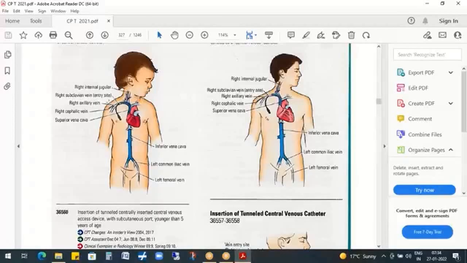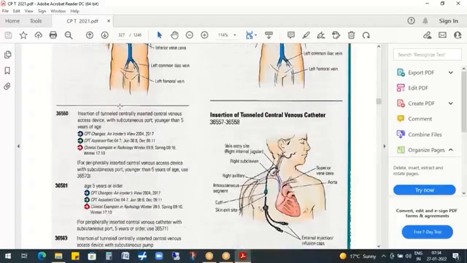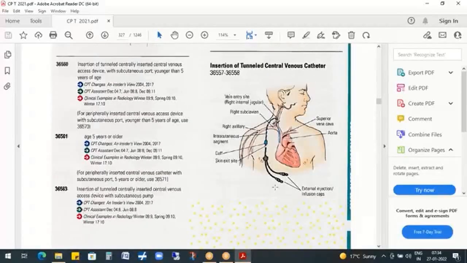Can you see a catheter directly entering the heart? They are placing it directly into the heart through the vein. You can see the next diagram below. They are passing the catheter underneath the skin to the jugular vein. Can you see that one? Second diagram. Third diagram on that page.